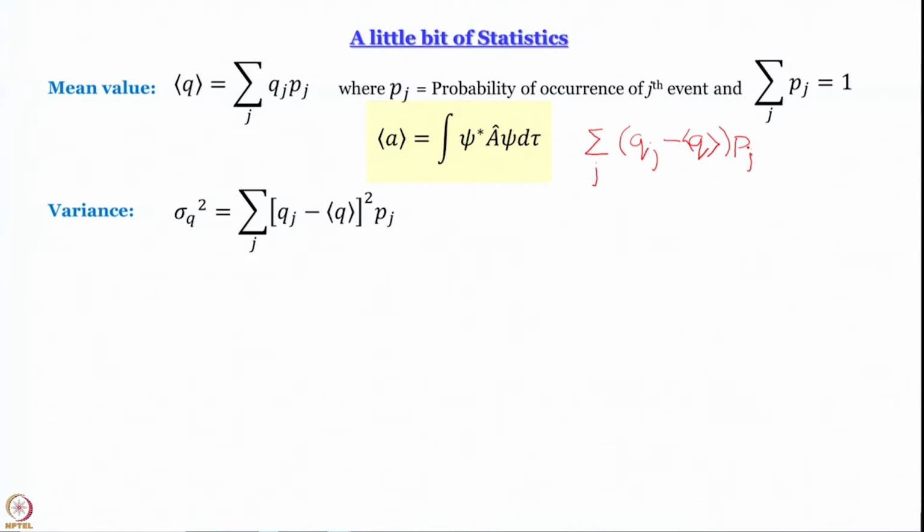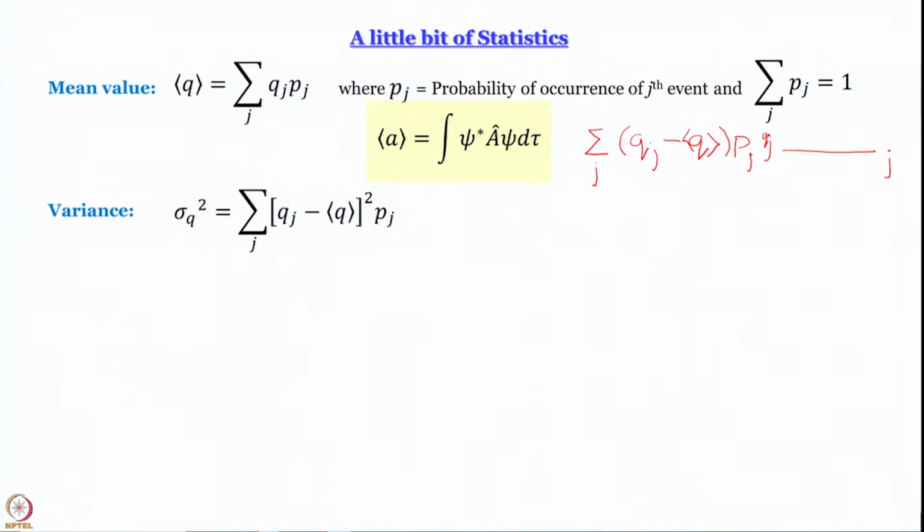What do we expect this to be? For a good distribution, let us say I draw something like this. This is the mean value that is going to remain invariant for all measurements. On x axis I have j, on y axis I have Qj.